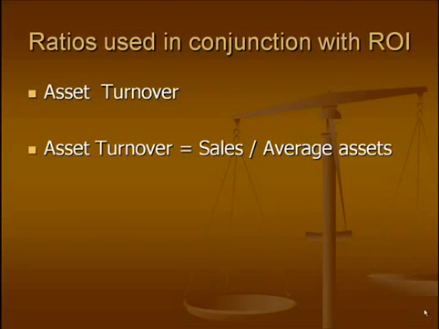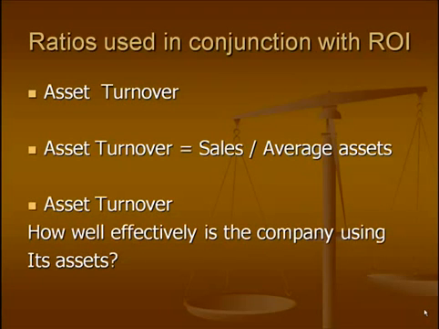It basically tells you how well or effectively the company is using its assets. So OMP tells you how well the company is controlling its costs. Asset turnover tells you how well or how effectively the company is using its assets.